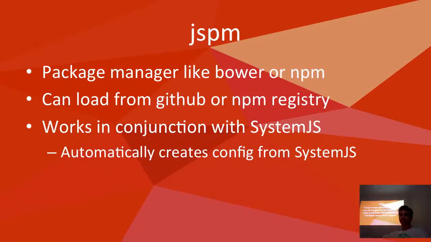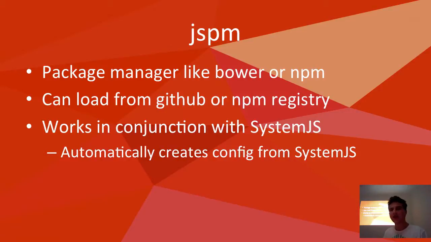Now, JSPM. JSPM is a package manager for managing JavaScript modules, and it works very much like Bower or NPM. You have an install command, and that's how you install modules.